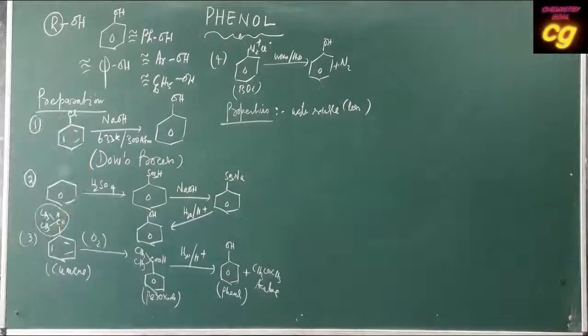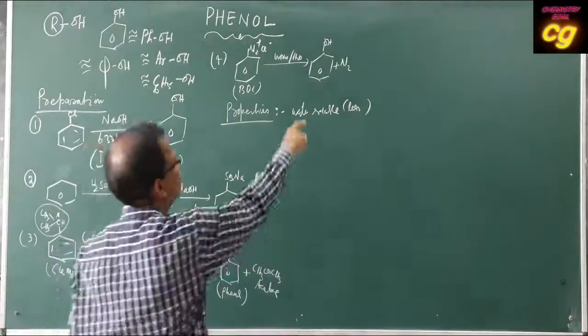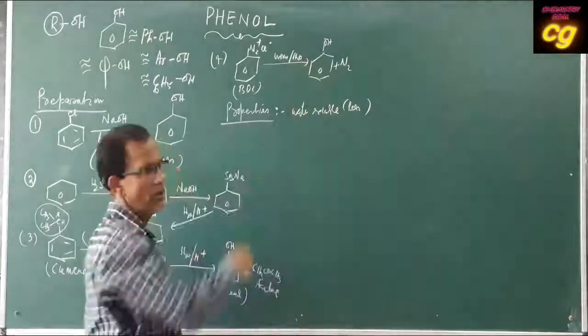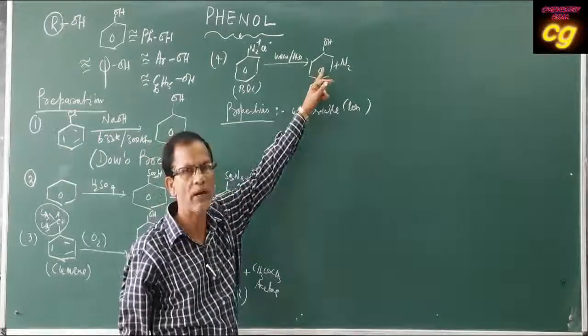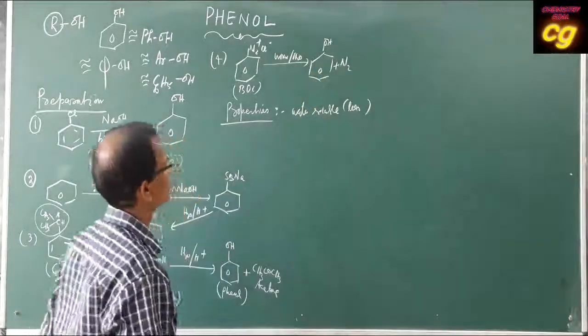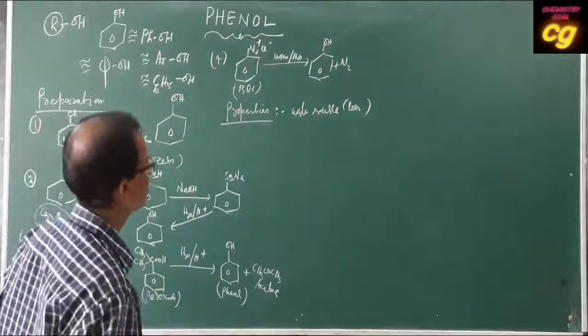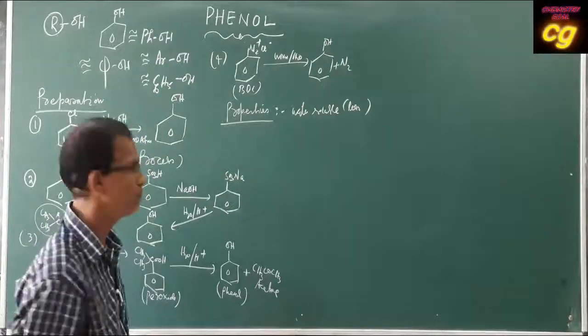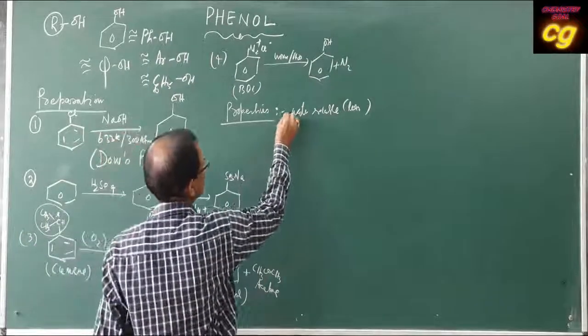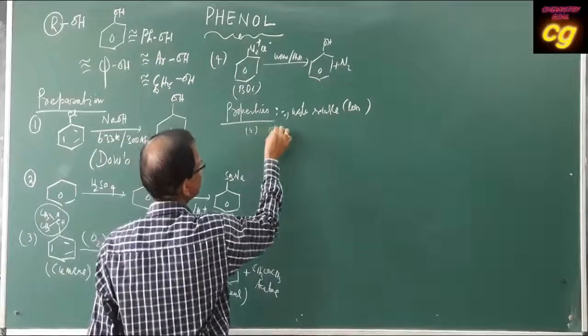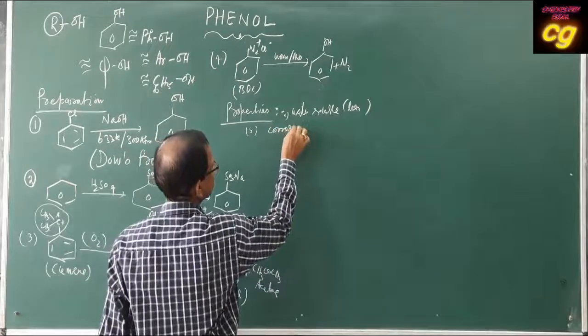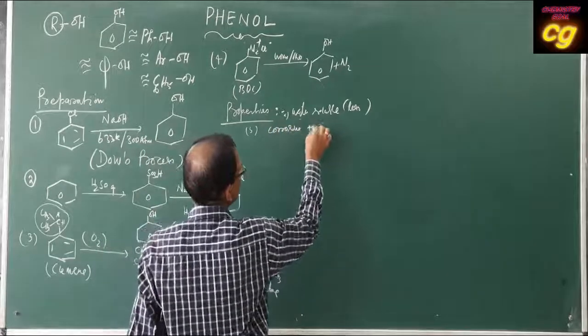Solubility is very low due to the presence of the phenyl group, but it is soluble due to the formation of hydrogen bonding with water. Then it is also corrosive, corrosive to steam.